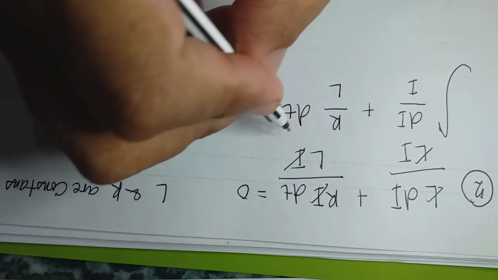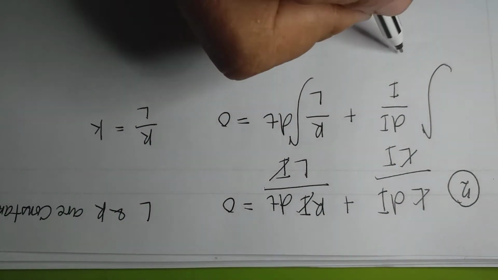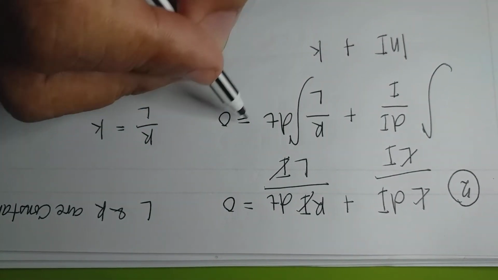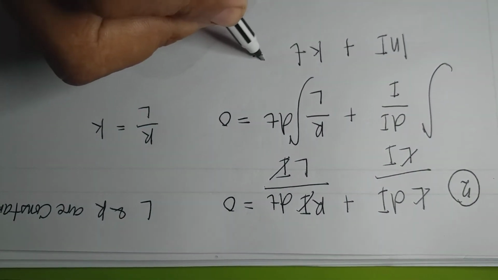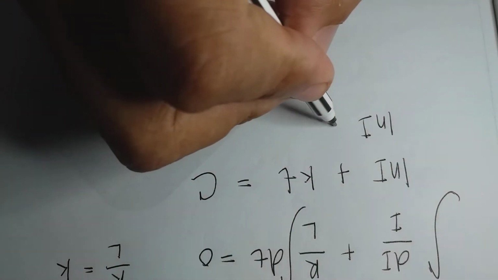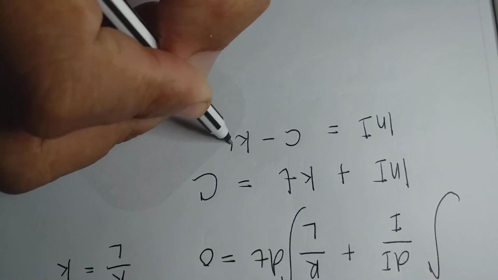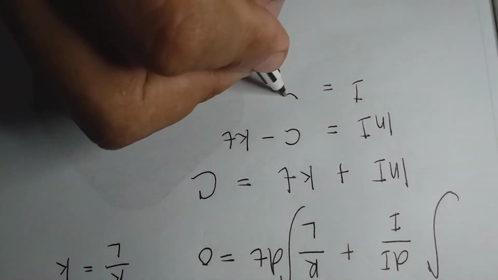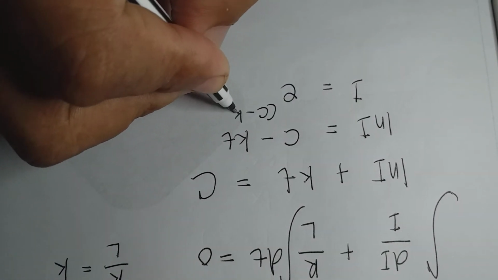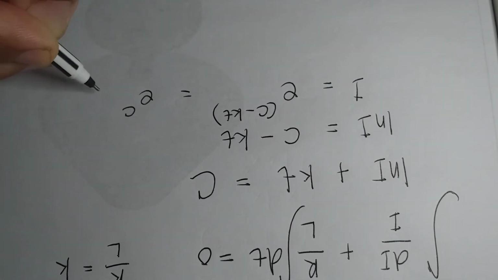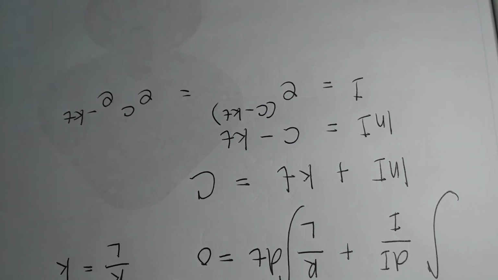Or, if we're going to integrate this, we have ln of i plus R over L, which is k, and the integral of dt is t, is equal to C. So ln of i is equal to C minus kt, or i is equal to e raised to C minus kt, or we can rewrite this as e to the C, e to the negative kt.